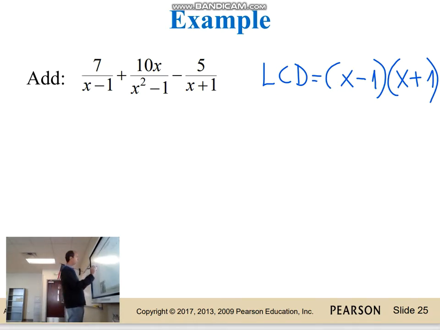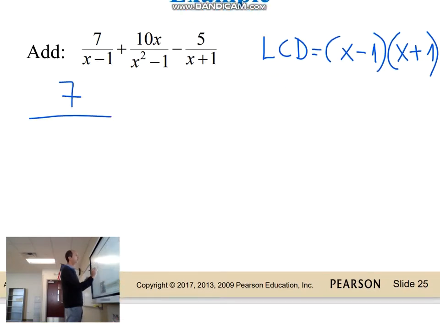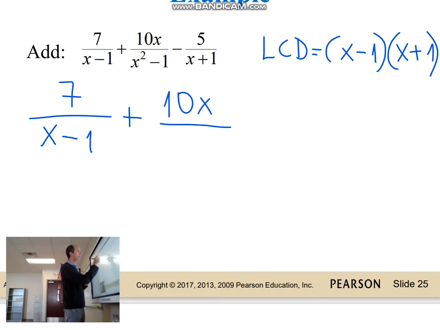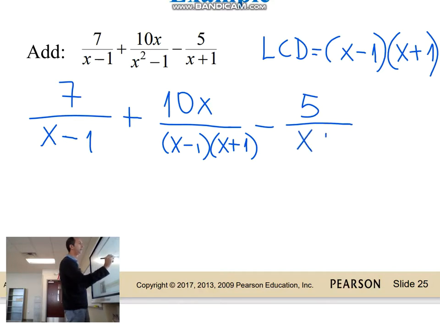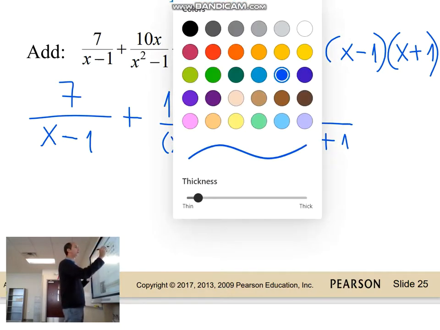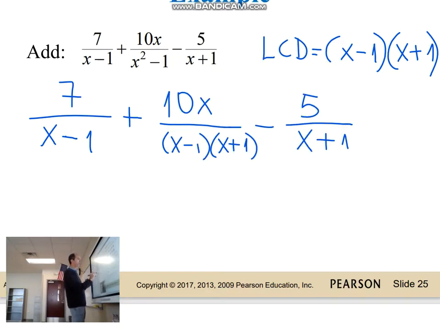Now let's work on the addition and subtraction. Let me write this again: 7 over x minus 1, plus 10x over, and x squared minus 1 is the same thing as x minus 1 times x plus 1, right? And minus 5 over x plus 1. If we want to find the equivalent expressions, we will make all the denominators the same as the least common denominator, right?